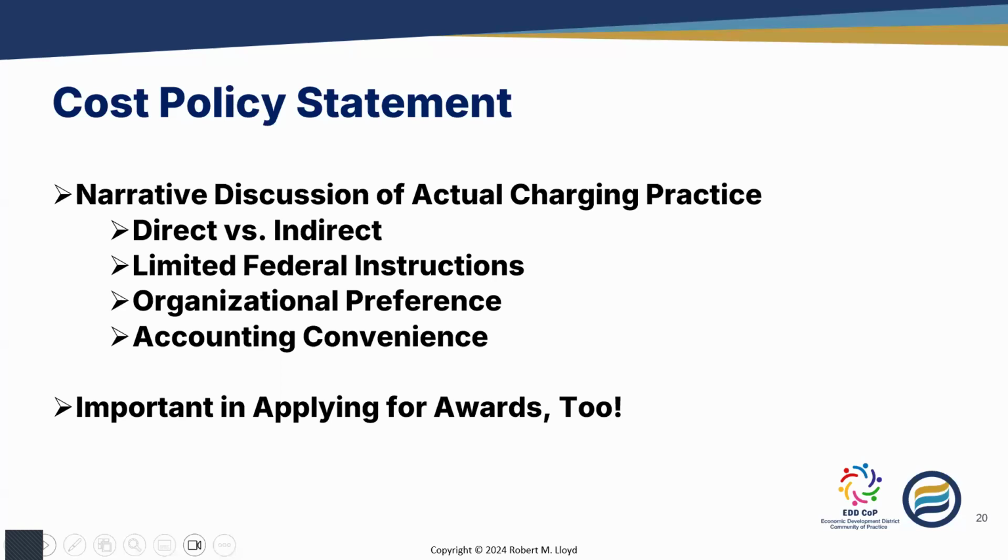As we've moved more and more into the digital age, organizations have been in a position to be able to accomplish direct charging related to particular types of expenses because they've got an underlying management information system that produces that kind of data.